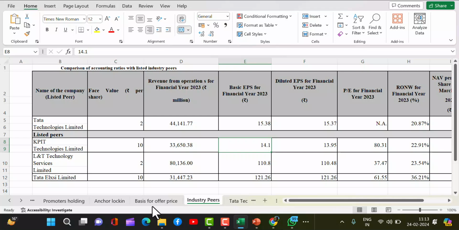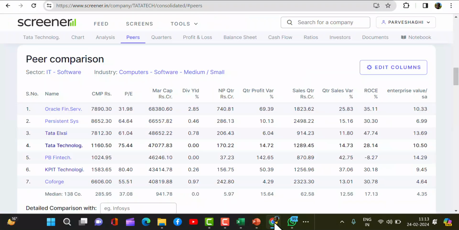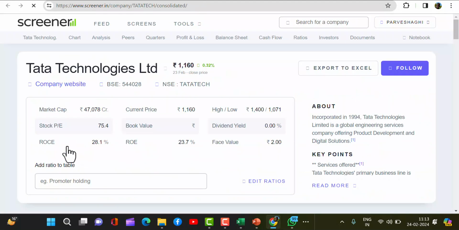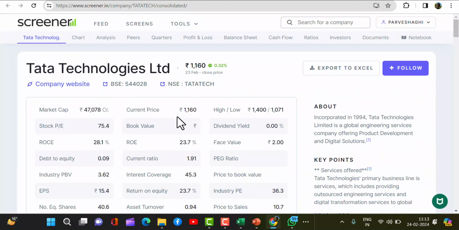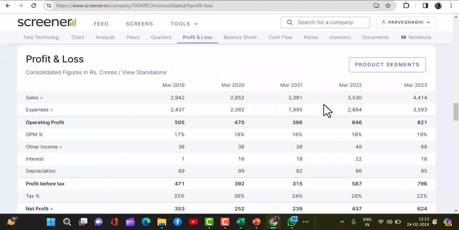Because if you just check and go here, you will find the data in crores, okay? So let's say Tata Technologies, okay? If you look at their profit and loss account, their turnover is close to about 4,414 crores. Is that okay? And before that 3,000 crores, then 2,500 crores. The figures are in crores, okay? Fine.